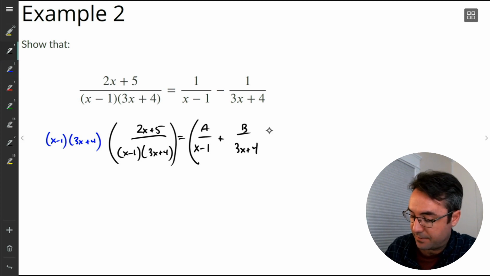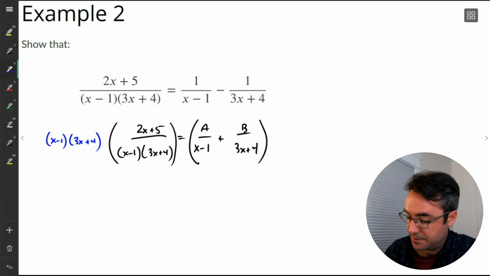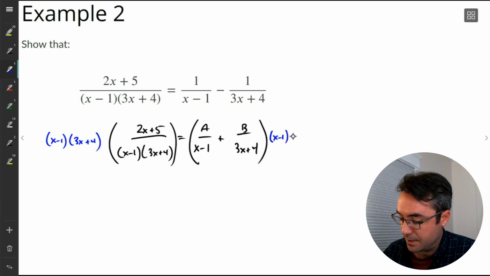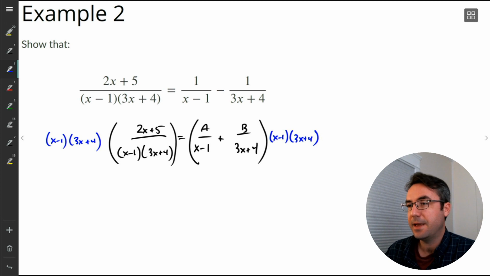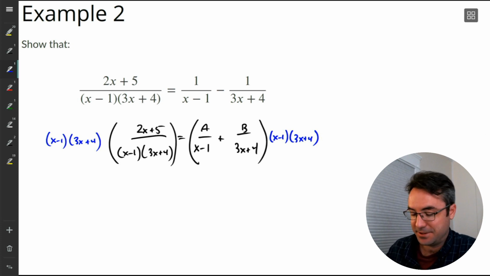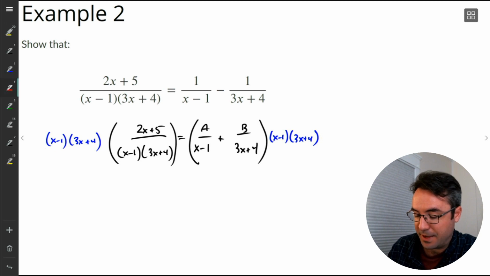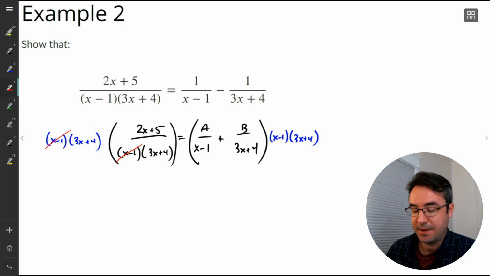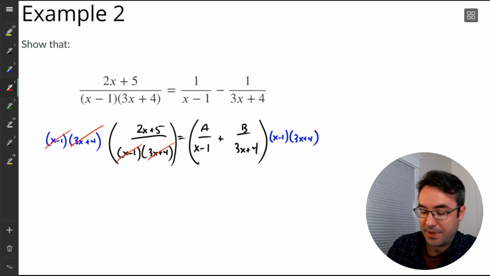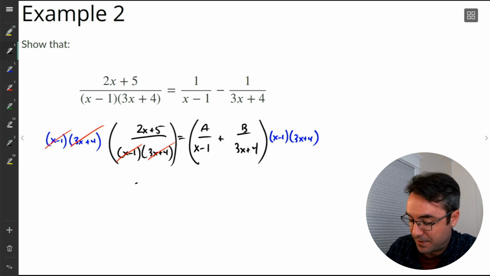So we're going to multiply everything on the right by that x minus 1 times 3x plus 4. And we're going to get a lot of canceling here. So on the left, what's going to happen? Well, the x minus 1 here is going to cancel there. The 3x plus 4 is going to cancel here. So that's just going to leave us with 2x plus 5.